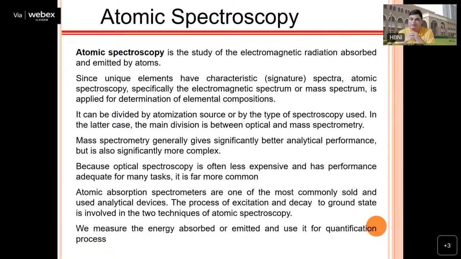Since every element has a characteristic spectrum, atomic spectroscopy, specifically the electromagnetic spectrum or mass spectrum, is applied for the determination of elemental composition. It can be divided by atomization source or by the type of spectroscopy used, and the main division is between optical and mass spectroscopy.